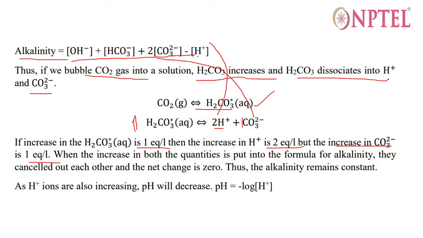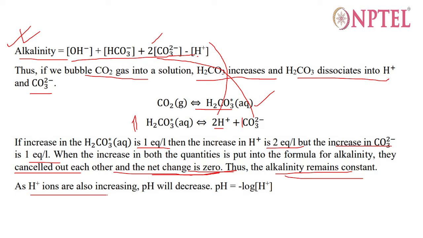So the net change will be 0, because they will cancel out each other. So thus the alkalinity remains the same. There will be no change in total alkalinity, because these are cancelling out each other.